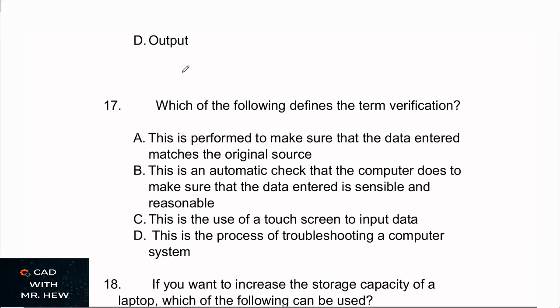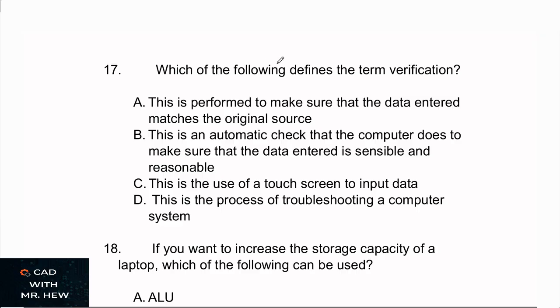All right, let's go to 17. Which of the following defines the term verification? So we have A, this is performed to make sure that the data entered matches the original source.